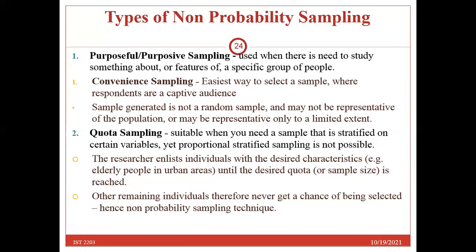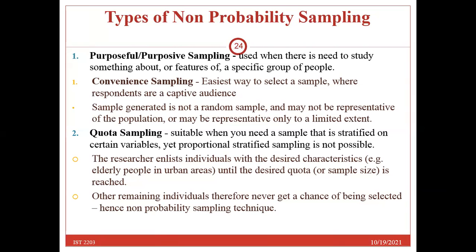So if you're going to study health hazards of miners, there are miners working in a coal mine. There will be a few. You'll have to go specifically to the coal mines, and you look for those people. That's why it is purposive. You just won't find anybody.